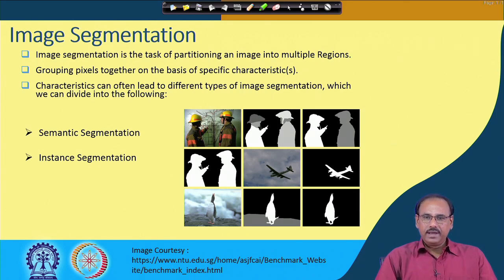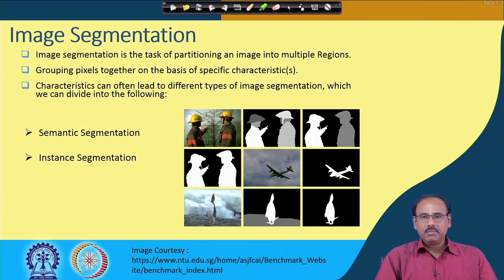Whereas, if I take 2 pixels from 2 different partitions or 2 different segments, then the characteristics of those 2 pixels are likely to be very different. So, based on similarity of the characteristics of the pixels and sometimes based on connectivity as well, you partition the image into different regions, and each of those regions is known as a segment.